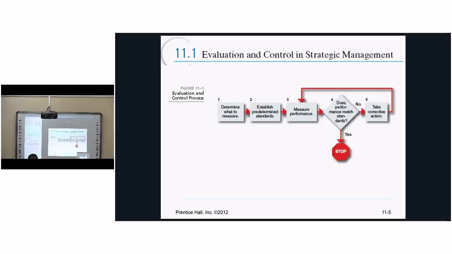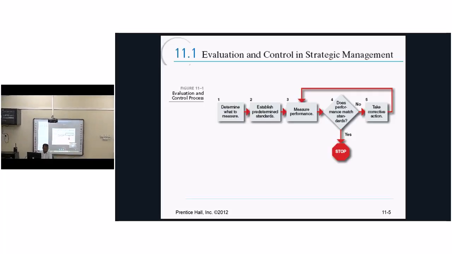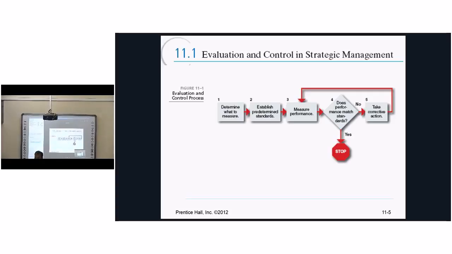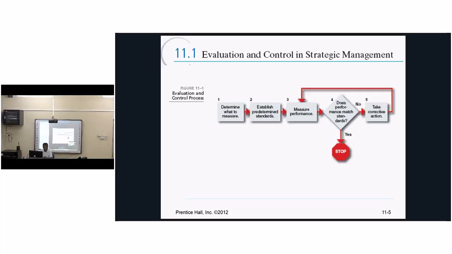So determining what to measure is actually a very broad, very strategic thing to do. For example, certain industries have certain KPIs to measure.